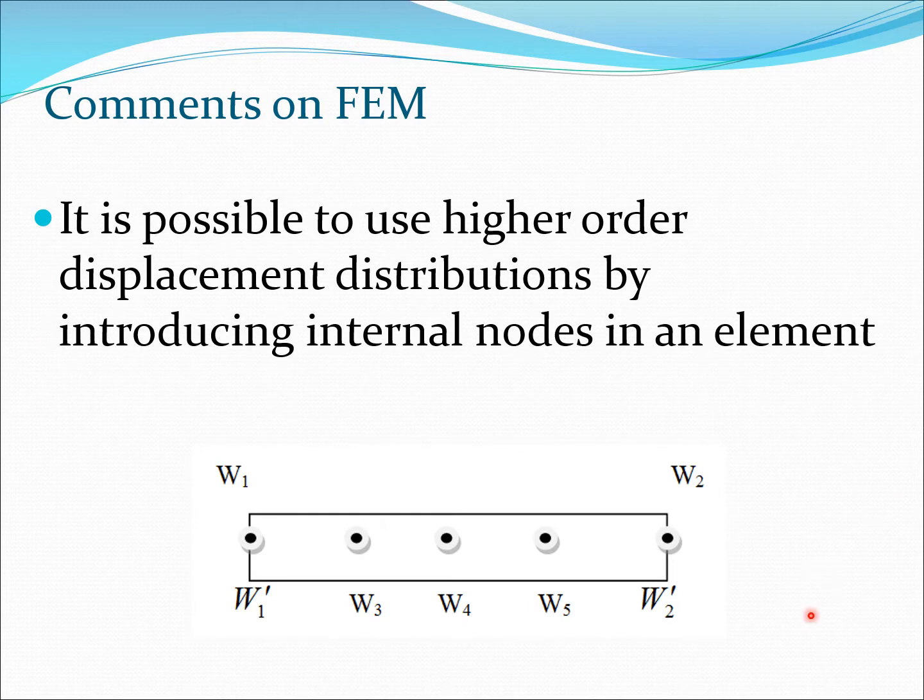Now you are not only limited to cubic polynomials or to polynomials in general. Actually, you can use a higher discretization or higher level of interpolation by bringing in internal nodes within the element. So here I have my usual W1, W1 prime, W2, W2 prime, but we also included W3, W4 and W5.